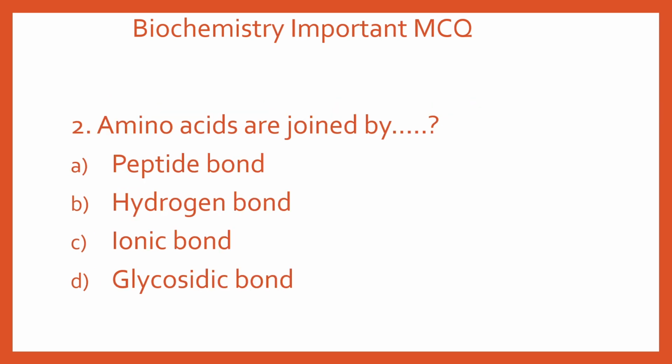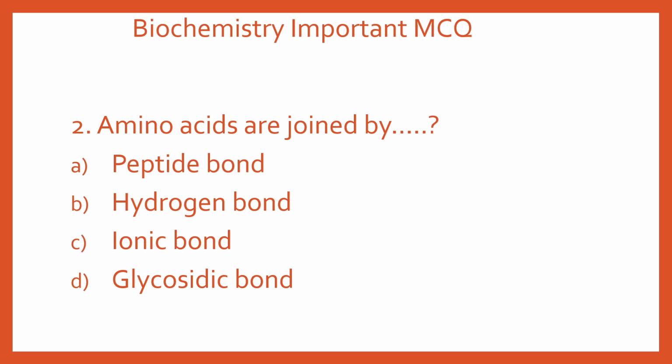Pentose sugars. Now, the second question says amino acids are joined by: peptide bond, hydrogen bond, ionic bond, or glycosidic bond? The answer is not ionic bond, and it's not hydrogen bond. Glycosidic bond is the bond that holds two different monosaccharides together, like when we have glucose plus glucose.